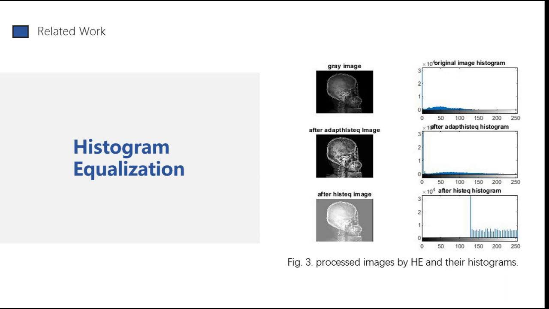Figure 3 shows a gray image, the processed images, and their histograms. The first image in the left column is the original gray image.